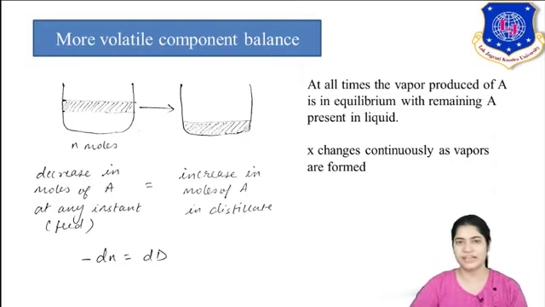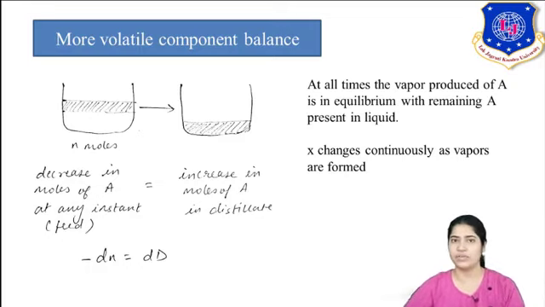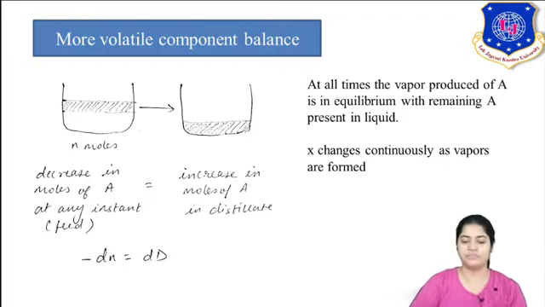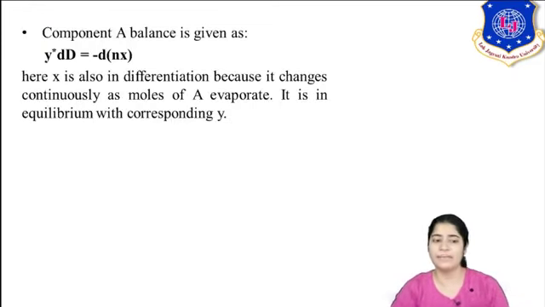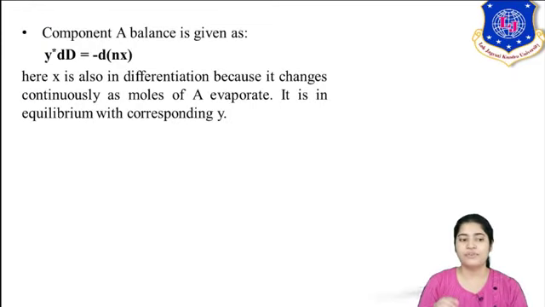At one second of interval, that amount of vapor forms, and the mole fraction of A in the vapor phase is in equilibrium with the liquid phase. Similarly, after another one second interval, the composition of A in the vapor phase might be different, and that would be in equilibrium with the A in the liquid phase. So the component A balance is given as Y star dD is equal to minus d(nx).